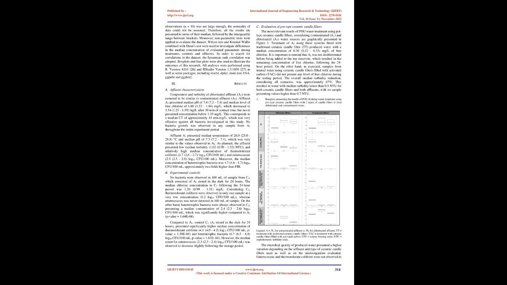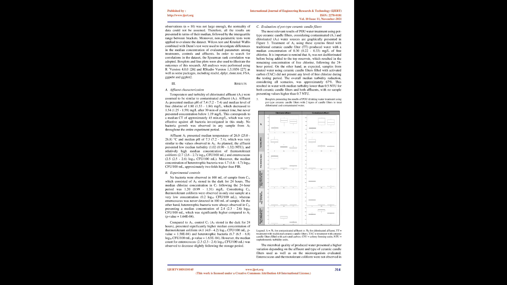3 Results. A. Effluent characterization. Temperature and turbidity of chlorinated effluent, A2, were assumed to be similar to contaminated effluent, A1. Effluent A2 presented median pH of 7.4, 7.2 to 7.4, and median level of free chlorine of 1.80, 1.53 to 1.84 mg/L, which decreased to 1.54, 1.25 to 1.59 mg/L after 30 minutes of contact time, but never presented concentration below 1.19 mg/L.